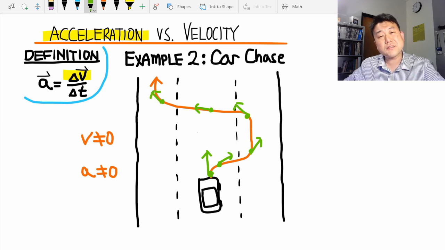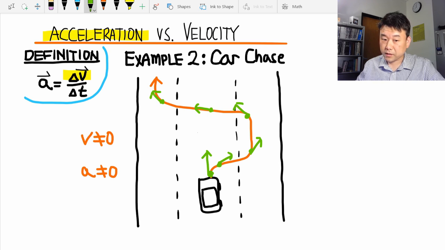And actually, this is a lot closer to our everyday experience. And I think this is why in our intuition, how we feel motion and which parameter, velocity or acceleration, is responsible, it's mixed up, because in most of our everyday experience, it's all mixed up.